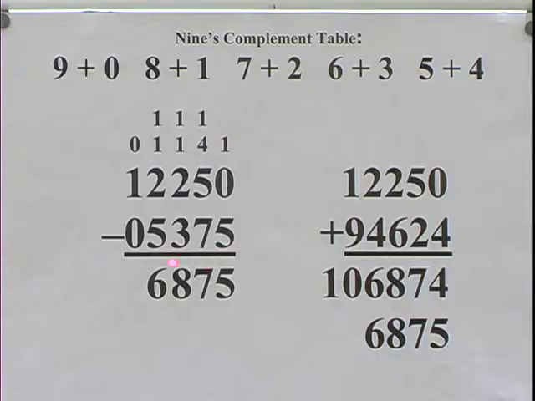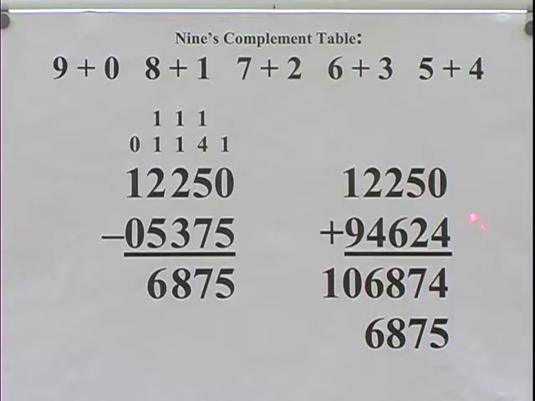So my difference is 6,875. How many operations did I do? 8 number transformations, and then 4 hard subtractions. 12 operations to get my difference using the textbook algorithm.